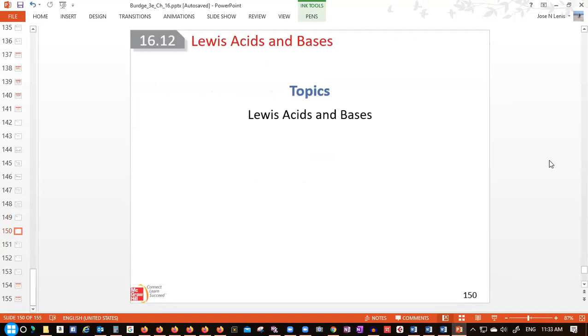The last topic is to give a few examples of Lewis acid and base definitions. Remember, there are two important definitions we use in chemistry regarding acids and bases, or acid-base theories. The Bronsted-Lowry, the one we have been using all this time, definition of acids and bases, and the Lewis acids and bases.